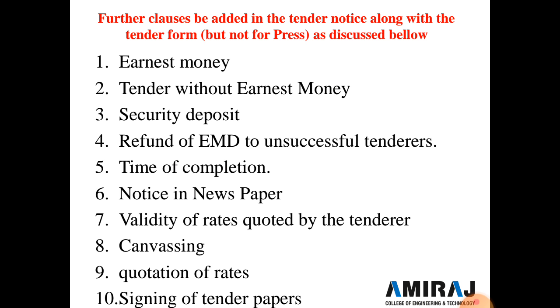The quantity of the items in the schedule may vary to any extent during the execution of work, and no extra claim will be entertained. Now the 10th is the signing of the tender paper.